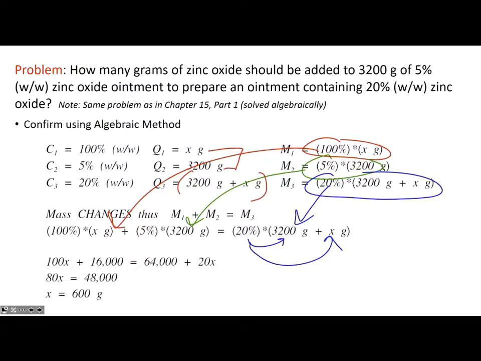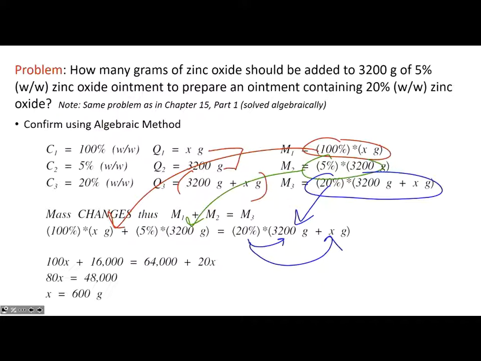So that's why it equals 20 times 3,200, which is 64,000, plus 20 times X, which is 20X. So do a little bit of algebra, subtract 20X on both sides, and you get 80X on the left. Subtract 16,000 from 64,000, and you get 48,000. So divide each side by 80, and X equals 600. Okay? So we have gotten 600 grams now in each of the 3 different methods. All right? So we'll end with that.